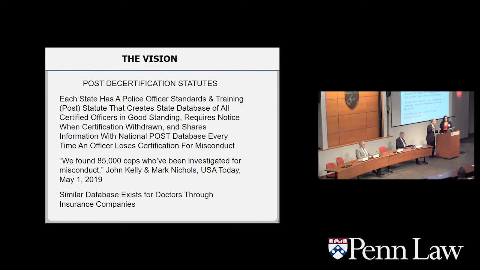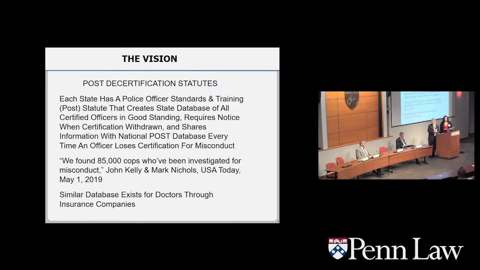And the idea behind these statutes is that police officers are licensed, should be licensed in a state if they have a certain amount of training, and then if they do something that gets them sanctioned internally within the police department, they get decertified. And if they're decertified, it should be reported to a statewide entity that keeps track so the officers don't go from one jurisdiction to the next one without anybody knowing about it or to another state.